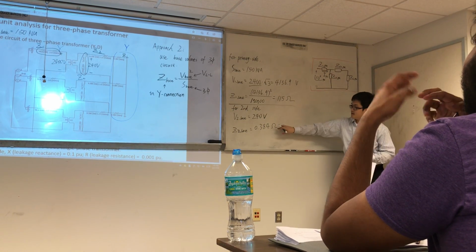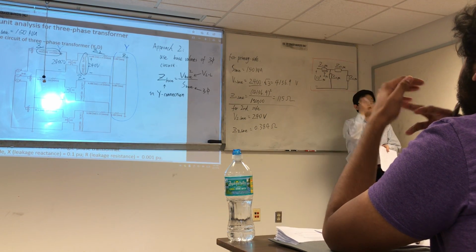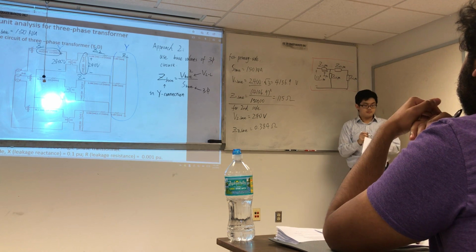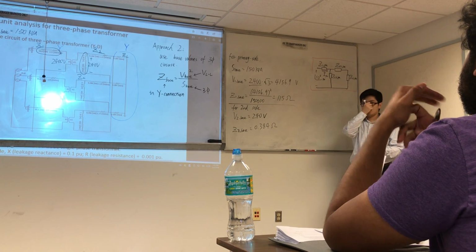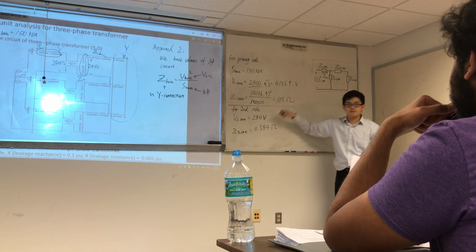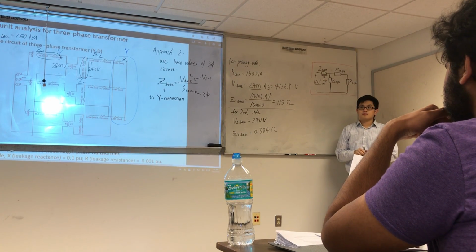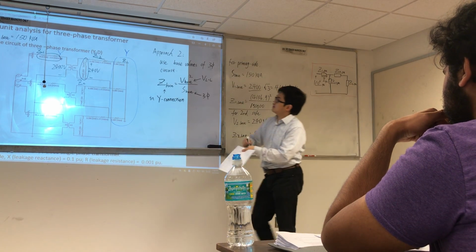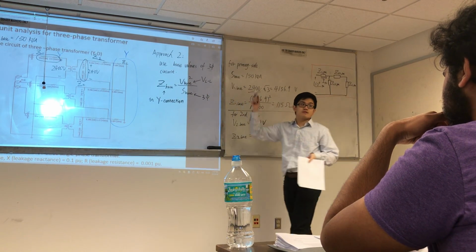You find this one is the same as the previous approach again. So you can find these two different approaches, but you get the same Z base. If you get the same Z base, you will get the same per unit values.